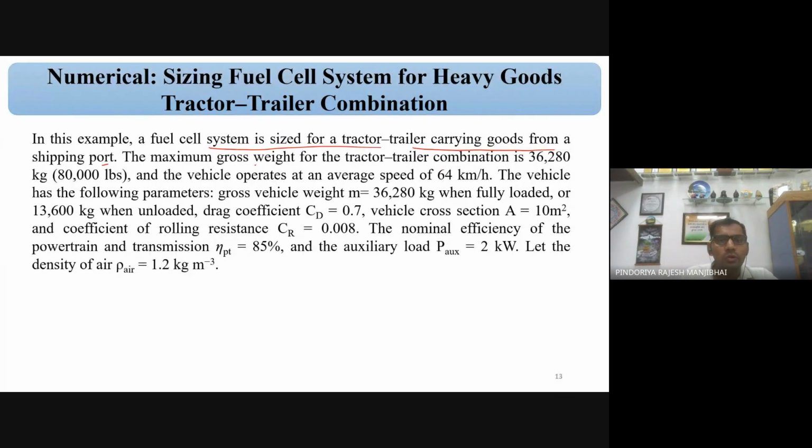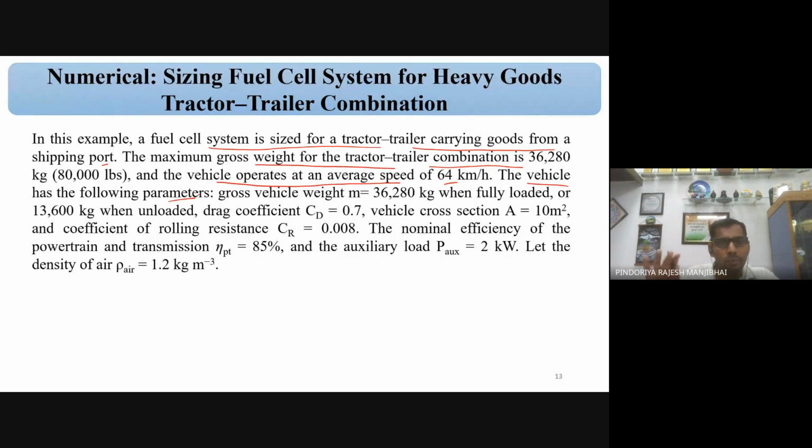The maximum gross weight for the tractor-trailer combination is 36,280 kilograms, and the vehicle operates at an average speed of 64 kilometers per hour. The vehicle has the following parameters.